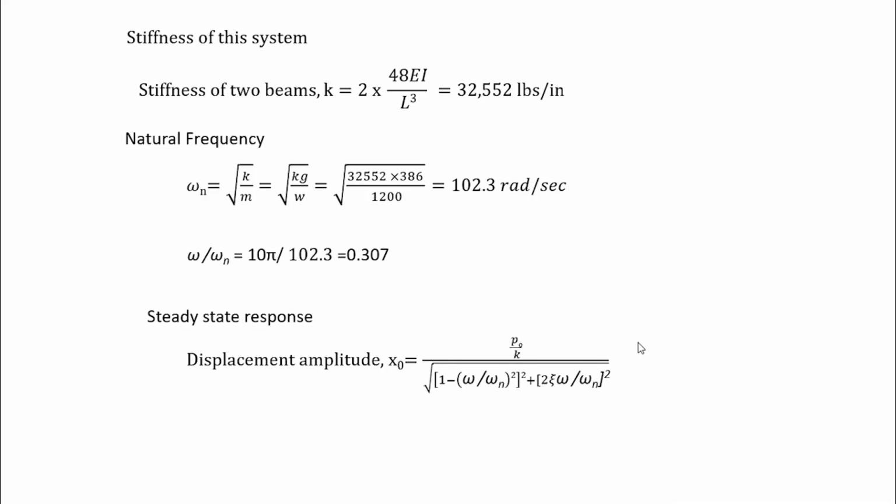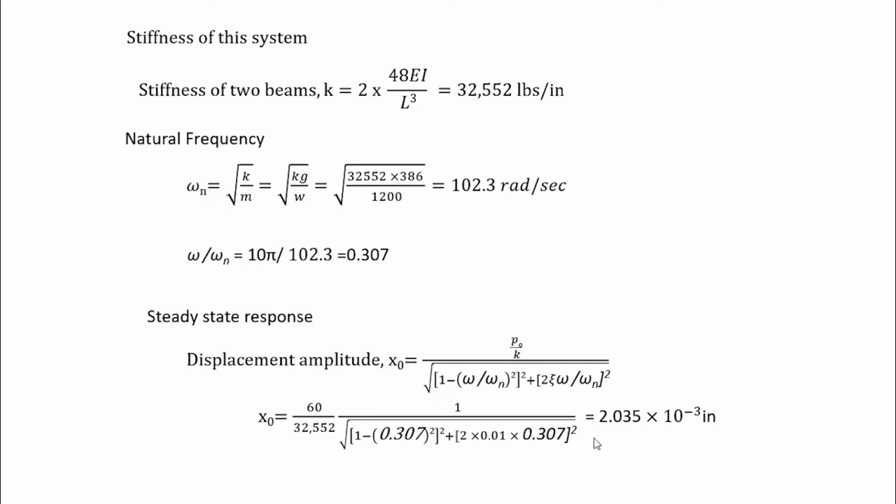P0 by K is known, damping ratio is known, frequency ratio is known. So substitute it and get the value as this much. That will be the amplitude of the displacement of the beams under the effect of a rotating AC unit.